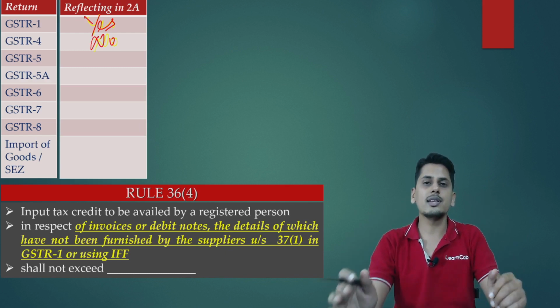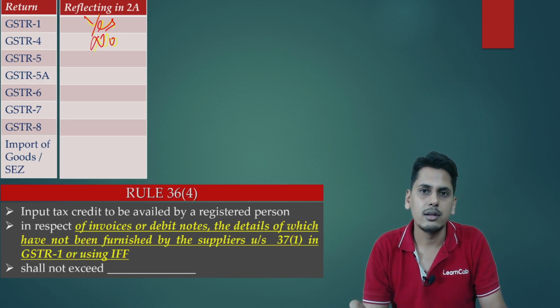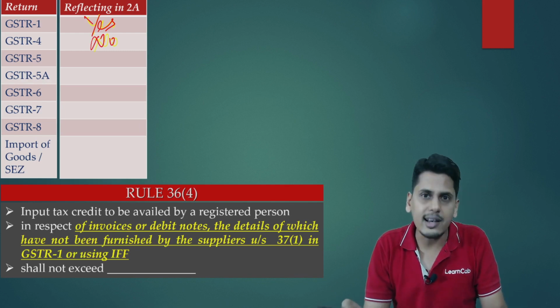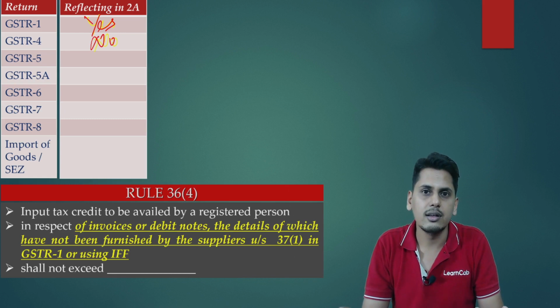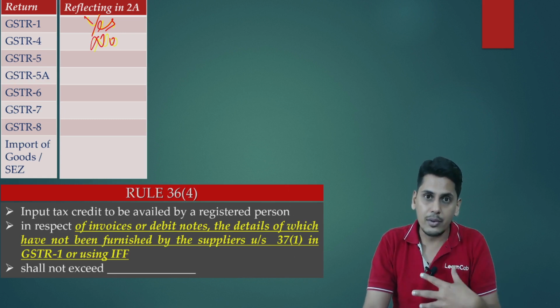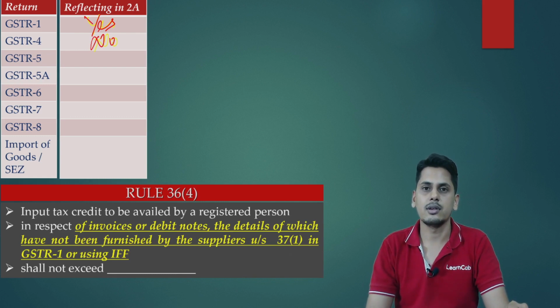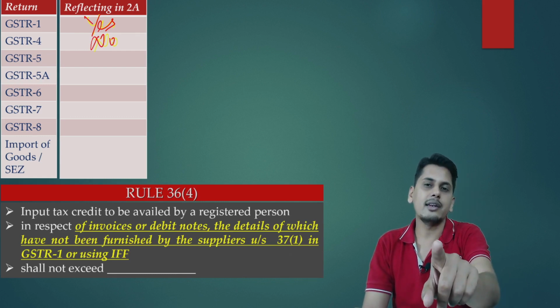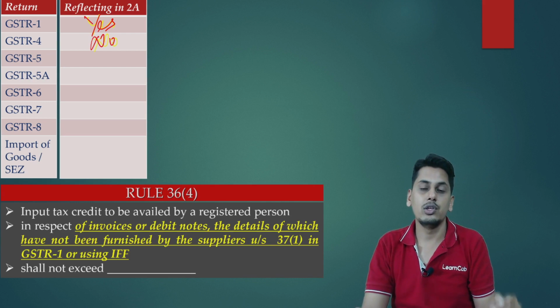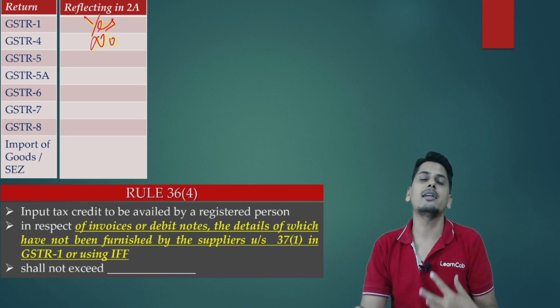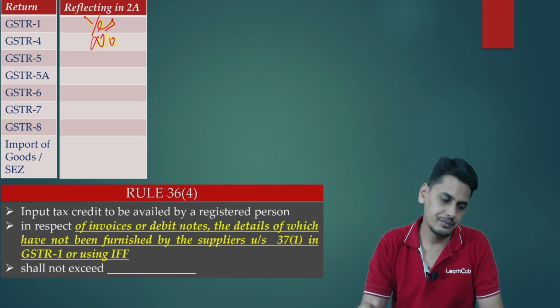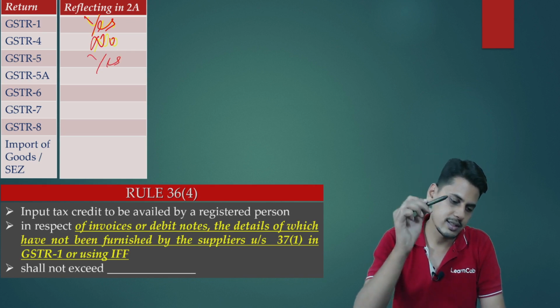Yes, there is no restriction. If I am satisfying all the other conditions, there is no restriction on me to claim credit when I have purchased the goods from a non-resident taxable person. So friends, you are an NRTP, you file GSTR 5, you will have to give invoice wise details and it would reflect in my GSTR 2A. Yes.